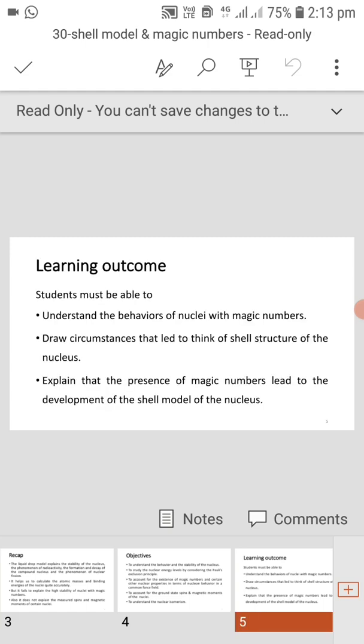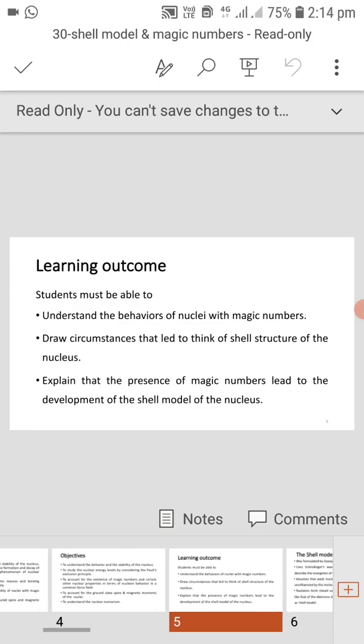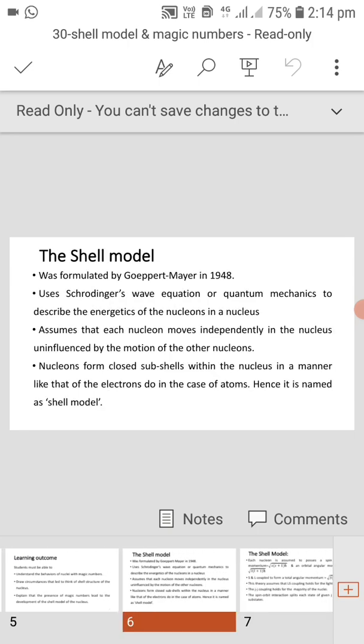The learning outcome after this video is that the student must be able to understand the behavior of nuclei with magic numbers, the circumstances that lead to the shell structure of the nucleus, and how the presence of magic numbers led to the development of the shell model of the nucleus.